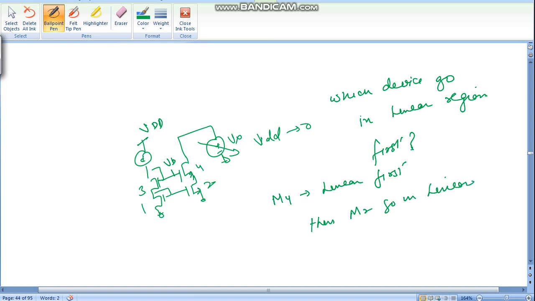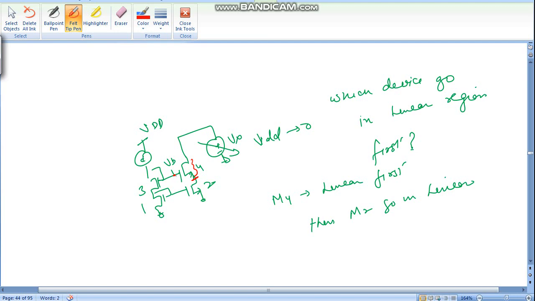Why? Because as you are reducing the Vx voltage, it is going to reduce VDS of M4, and VB remains constant, so it will go out of saturation first. This voltage is set by the current and VB.